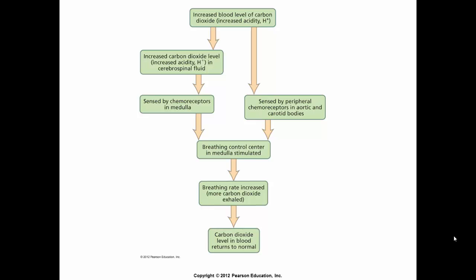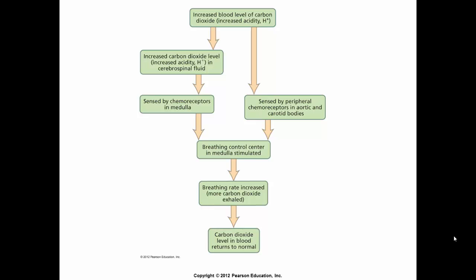The acidity level is also increased in the cerebrospinal fluid. So these are sensed by the chemoreceptors in the medulla oblongata from the cerebrospinal fluid, and sensed from the blood by the peripheral chemoreceptors in the aortic and carotid bodies.